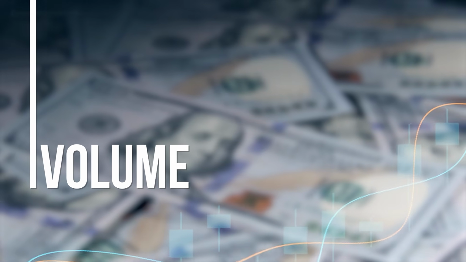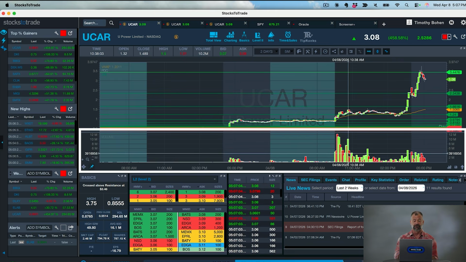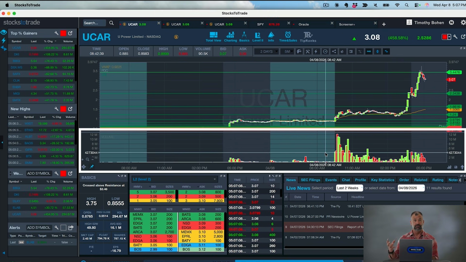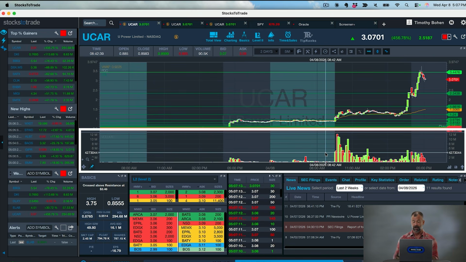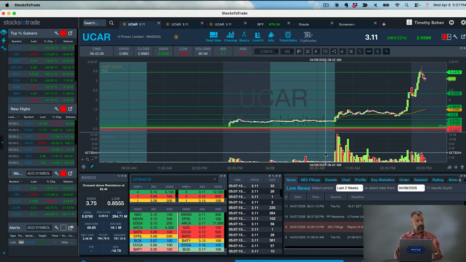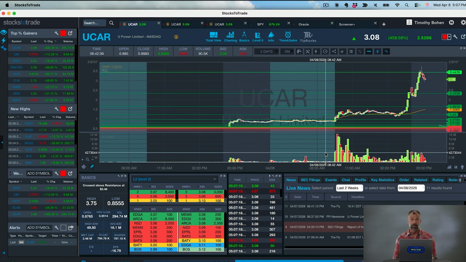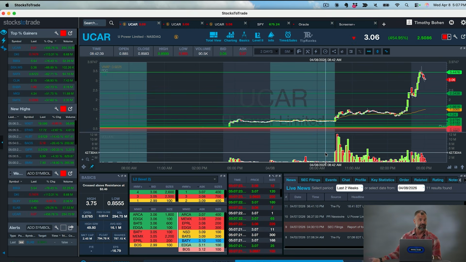Now, the next we use is volume. I mean, volume is so important. And a lot of people overlook the bottom part of their chart. You can see by candlestick how many shares that stock traded in that time frame. Again, we don't want to buy low volume breakouts. We want to avoid them. If we short, we want to join low volume breakouts, because that's probably going to be that breakout that fails and falls.